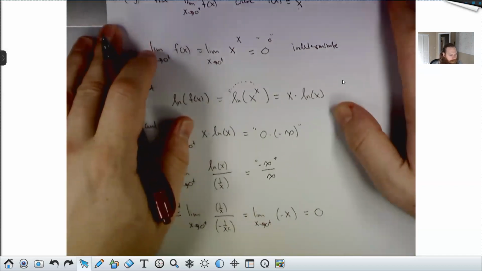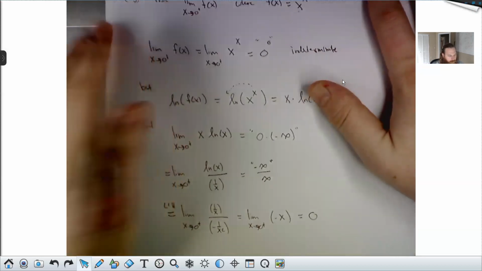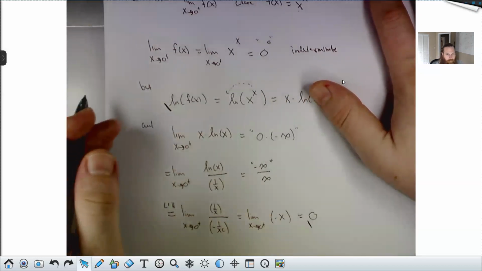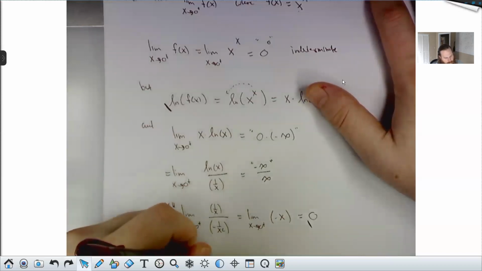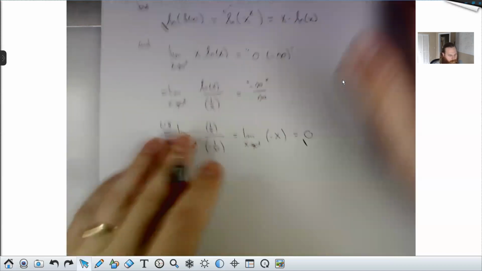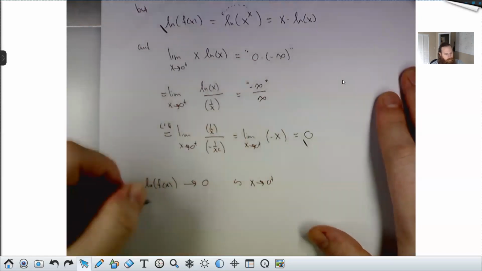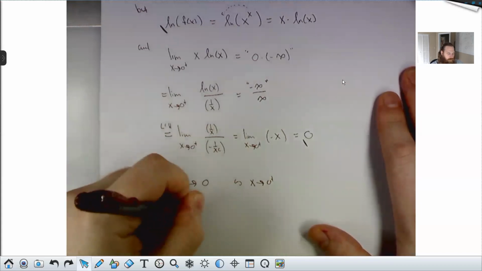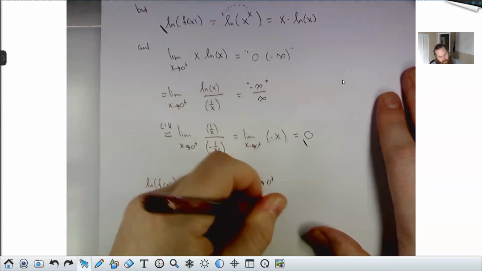But that doesn't mean that the limit I was after at the start is 0. That means that the natural log of my function goes to 0. So ln of f of x goes to 0 as x goes to 0 plus, which implies f of x itself goes to e to the 0 as x goes to 0 plus.